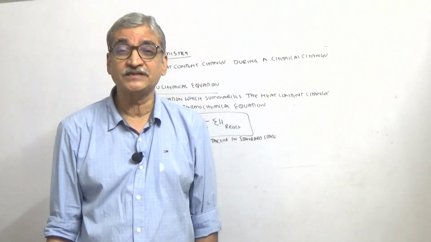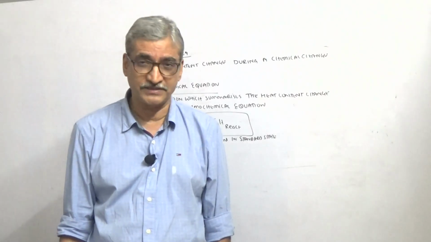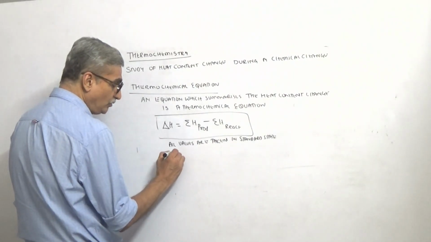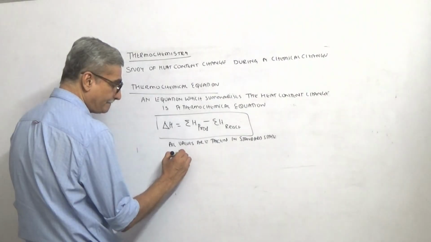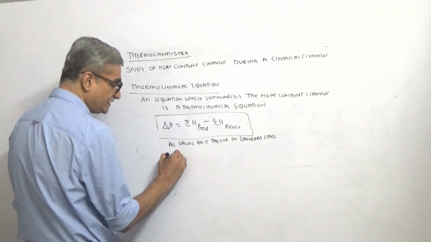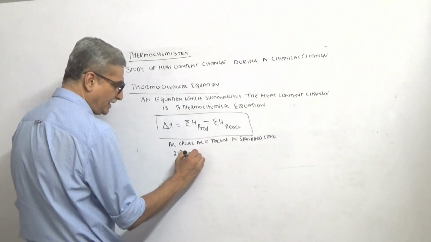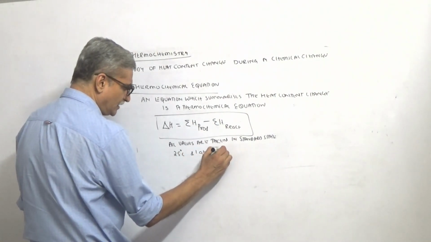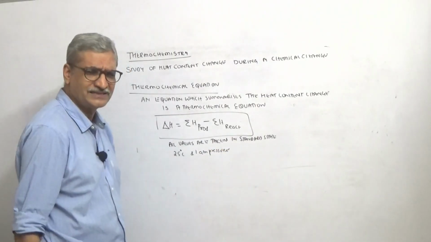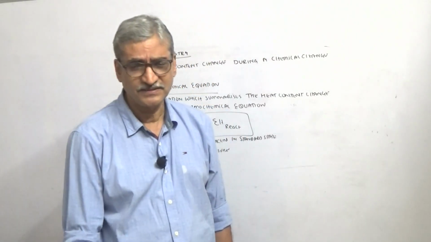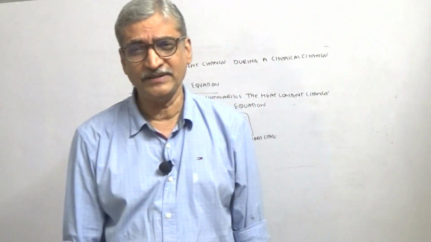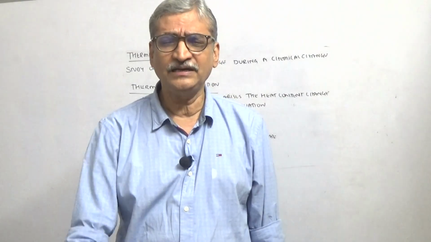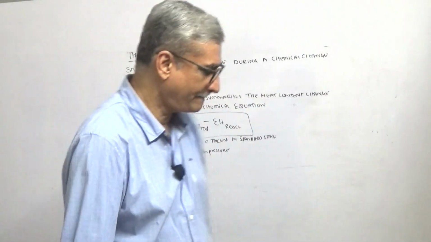Standard temperature and pressure is 0 degrees, 1 atmosphere pressure. Standard state means it is 298 Kelvin or 25 degrees centigrade and 1 atmosphere pressure. Because we never do any thermochemical heat change at 0 degrees, so that is not applicable to thermodynamics. Thermodynamics normally we do at room temperature, so we have taken 25 degrees centigrade as the base.